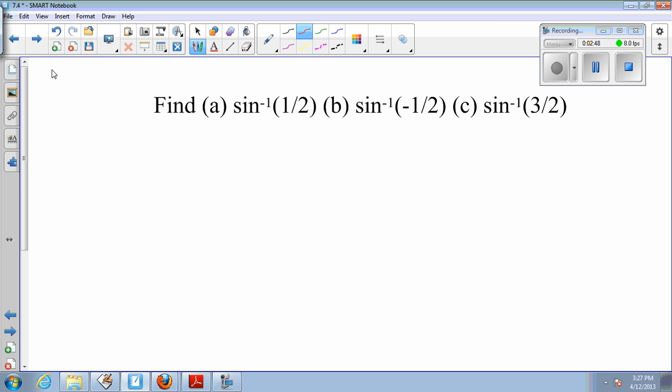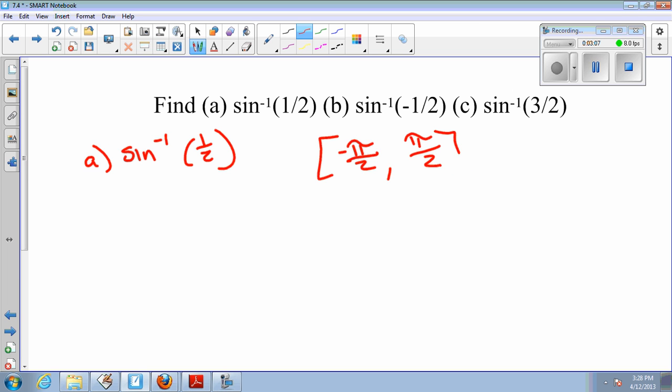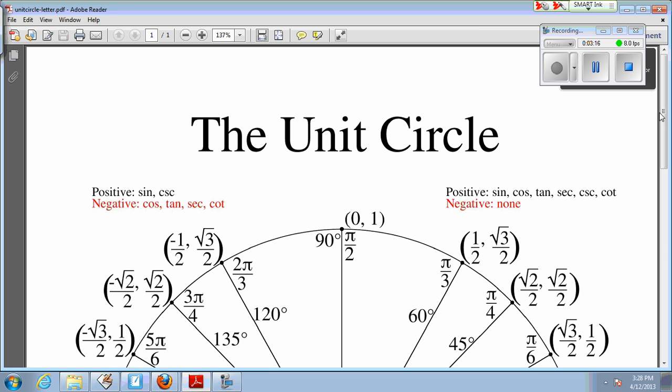So for sine inverse sine of 1/2, for part A, we have to remember that it's on the interval -pi/2 to pi/2. So we go to our unit circle and we look for a sine value from -pi/2 to pi/2 that is 1/2.